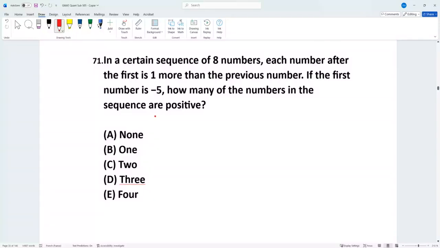So we will simply say let the sequence of 8 numbers, we call it S, and it says each number after the first one is 1 more than the previous.